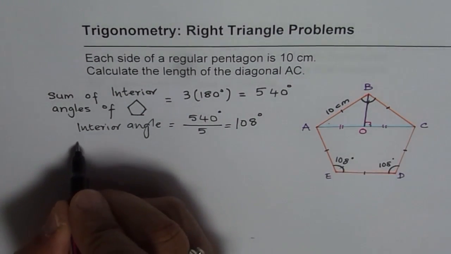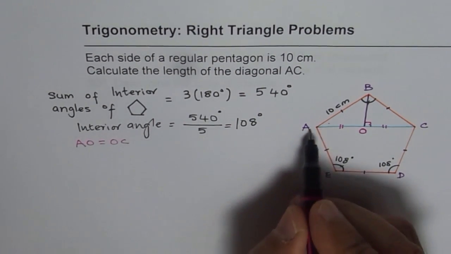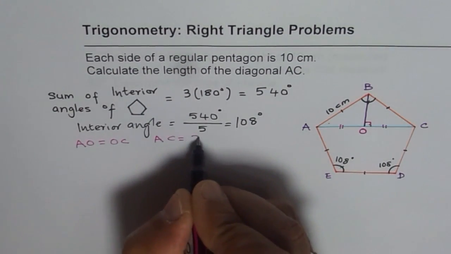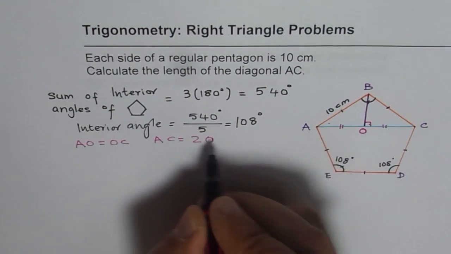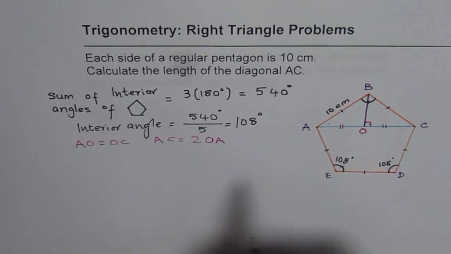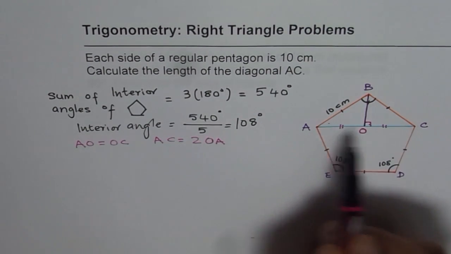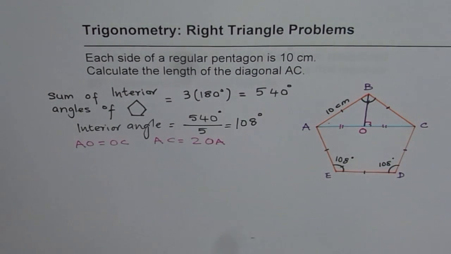Now, we know AO equals OC and AC is 2 times AO, correct? So AC is twice AO. Now if I can find AO, I will find AC, since AO is half of the diagonal length AC.